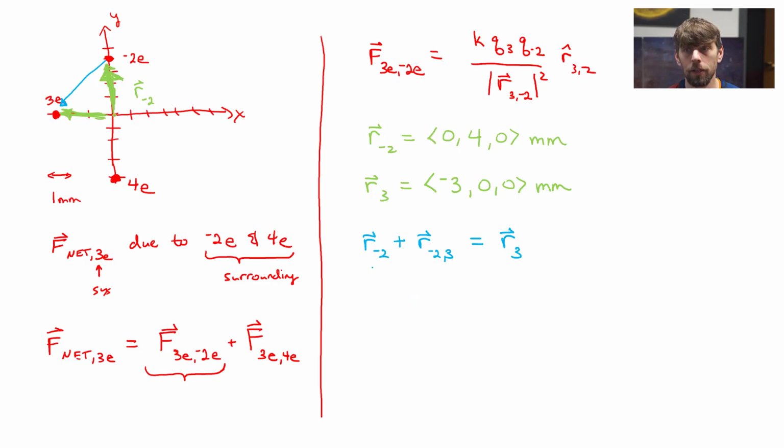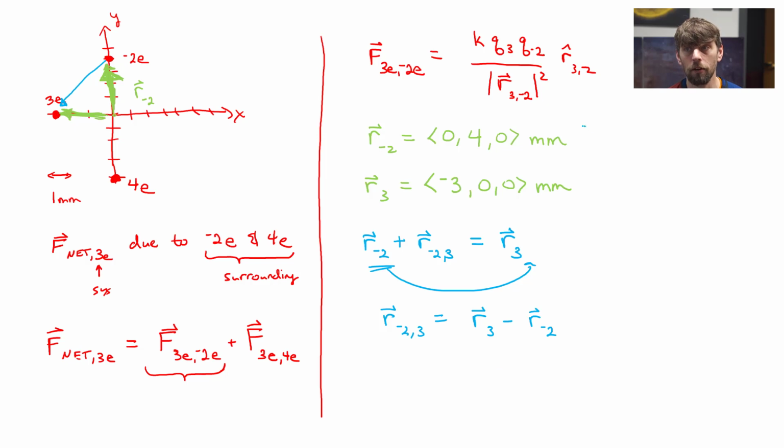Now, I can simply work my algebra. The fact that these are vectors, it still obeys our regular rules of algebra. And so I'll just move that to the other side, like that. And I get that the relative position vector pointing from the negative charge to the positive one is the position vector of 3e minus the position vector of the negative 2e.